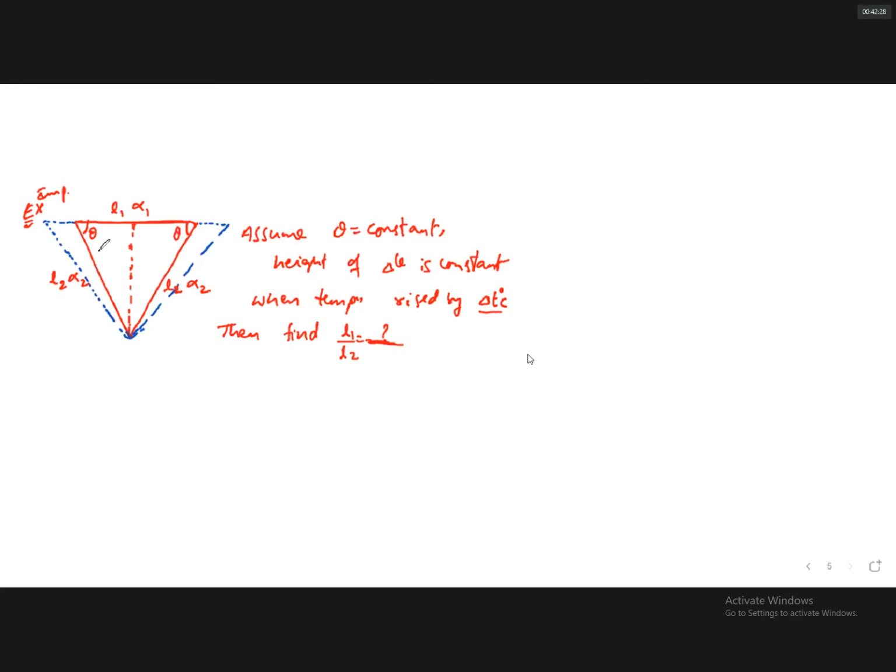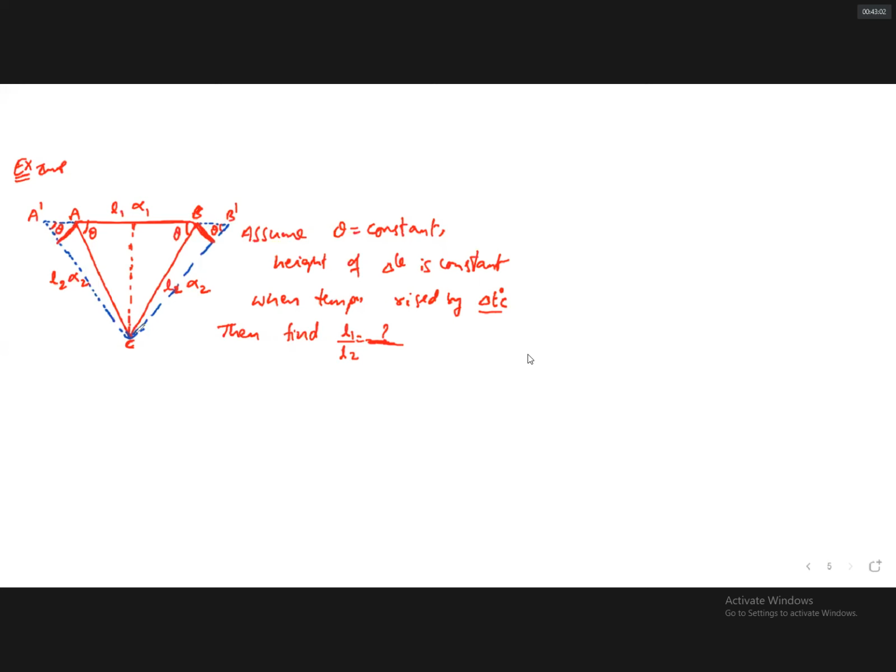Now, here we can assume this ABC is an isosceles triangle. A moves to A dash and B moves to B dash. If we drop the perpendicular, here we can assume that theta remains constant.